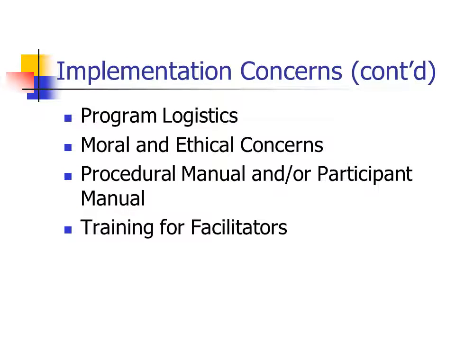All right, other concerns: program logistics, or basically our procedures for doing things, and moral and ethical concerns. All of this should be documented and written down in procedural manuals or participant manuals. As people turn over in organizations, unless you have a written record of how you do things and how you're supposed to do things, then that information can get changed, it can get lost.